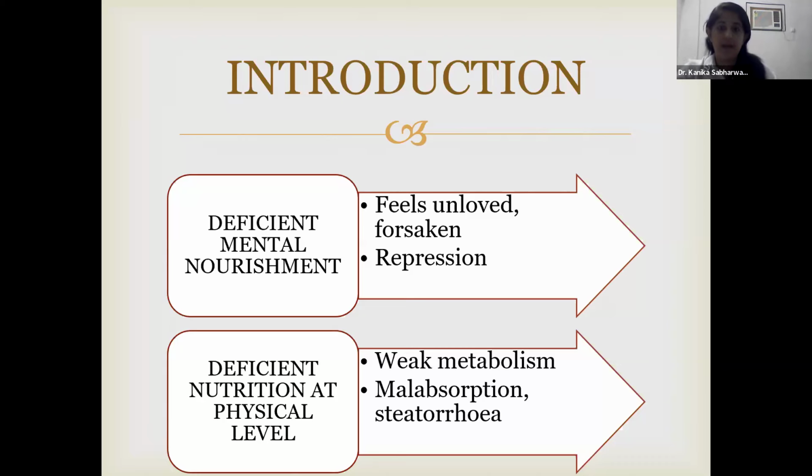If you see the mag carb stool, you will see that it directly represents what you've studied in medicine under steatorrhea, fat malabsorption. So with deficient nutrition, the child is not able to absorb. Mag mur is sheep dung stools. Mag carb is not sheep dung stools. Please check. Muriaticums have sheep dung stools.